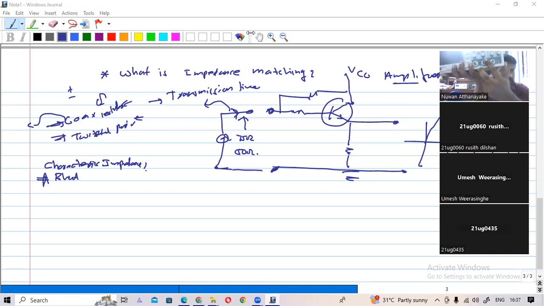Coaxial cable, some are 75, and on some oscilloscopes you can see 1 mega ohm is marked. So that is high input impedance, okay? Coaxial cable normally has 50 or 75 ohm impedance.